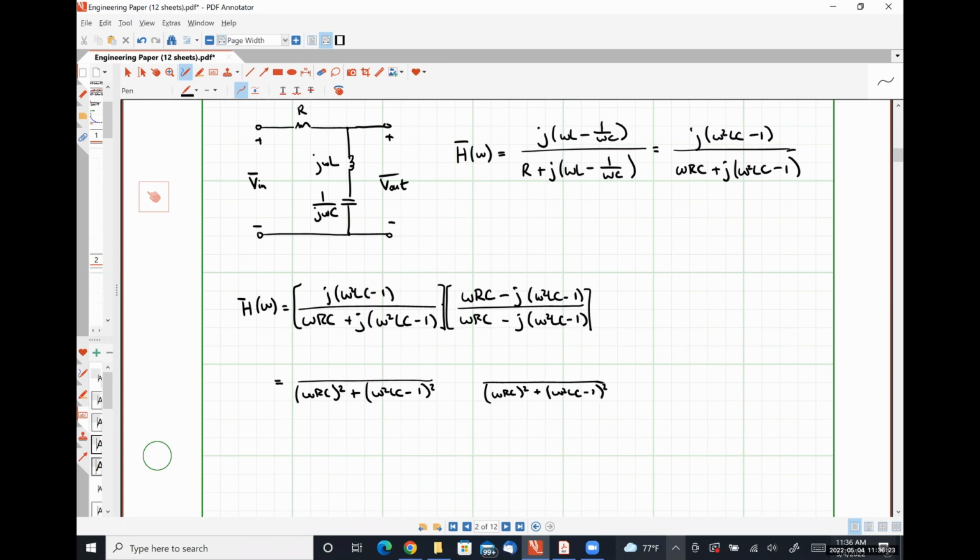And in the numerator, we're going to have a real part that is omega squared LC minus 1 quantity squared, because we have j times negative j giving us positive 1.